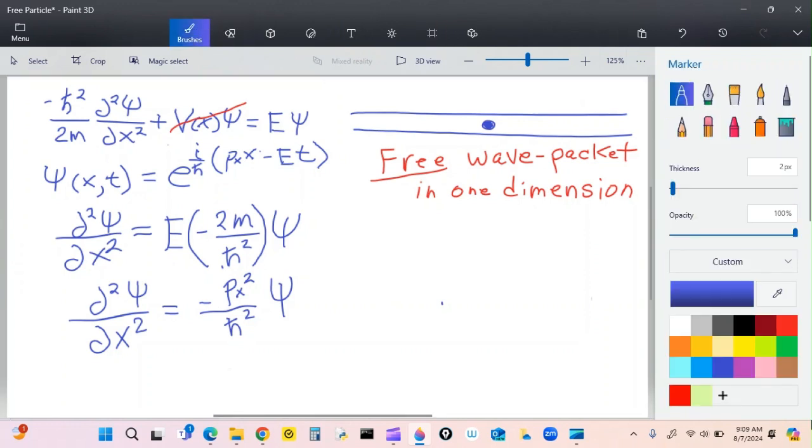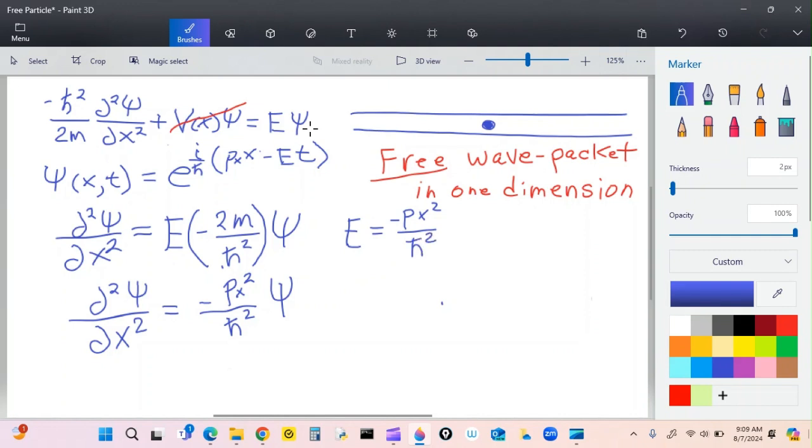So let me see if you buy the next thing that I put in here. I'm going to say that energy equals negative p sub x squared over h bar squared.